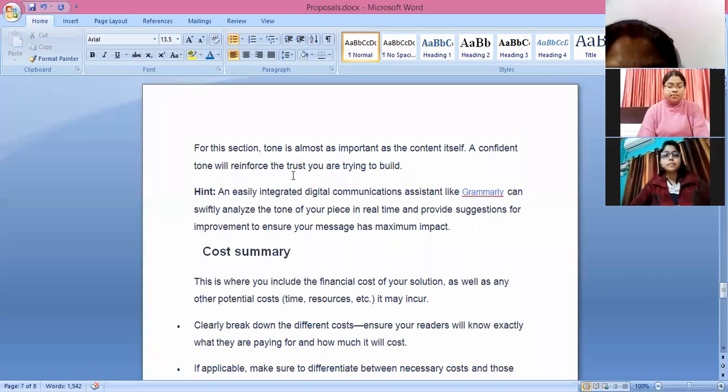For this section, tone is almost as important as the content itself. The tone should be good. A confident tone will reinforce the trust you are trying to build.